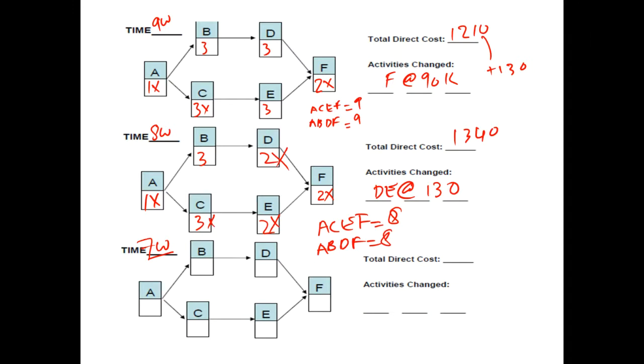But the problem is that one of your critical paths, which is ACEF, has got all the X's, which means that this critical path cannot be crashed anymore. So even if you crash activity B from 3 to 2, your project will still be delivered in 8 weeks. You cannot get it any further down.